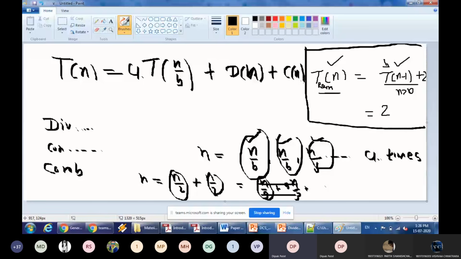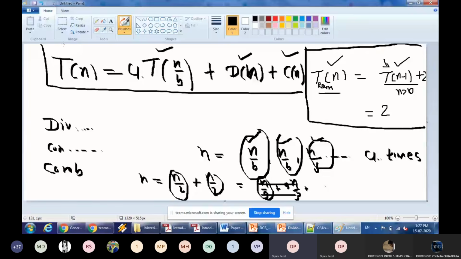You have created a partitions of size n by b, so let me write C of n to combine the solutions of the various portions. It is in proportion to input n. We know that corresponding to different applications, we will have different D of n and C of n and different a of T of n by b. So this is the general recurrence relation of divide and conquer design strategy.